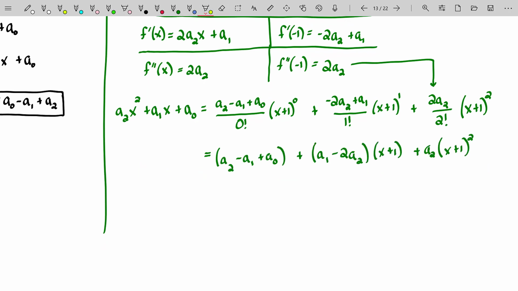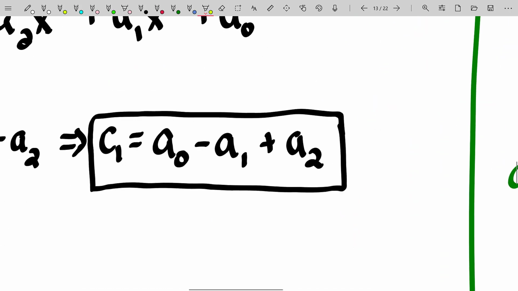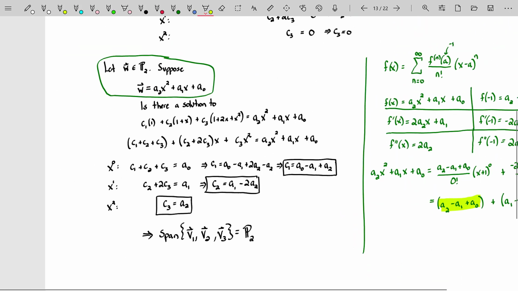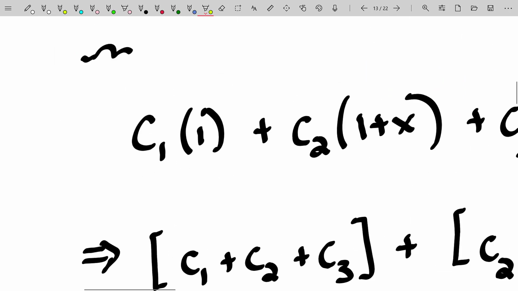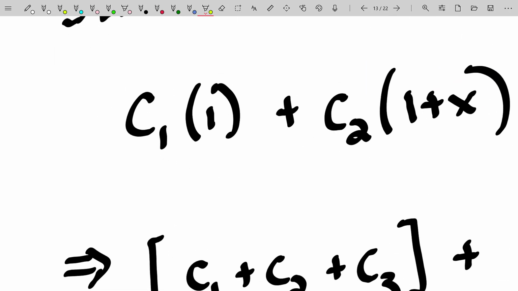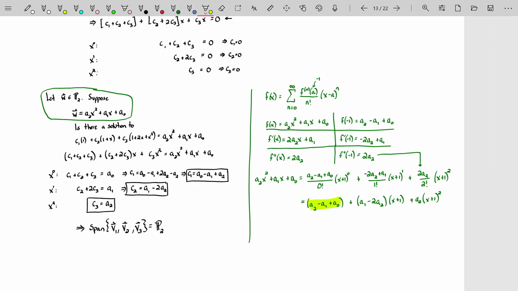Now I'm going to pause here to highlight some things. Notice the constant here is a sub 2 minus a sub 1 plus a sub 0. Oh, well that's interesting. The coefficient c1 that we knew would be in this linear combination, the coefficient of our constant term, ends up being positive a sub 0, minus a sub 1 plus a sub 2.